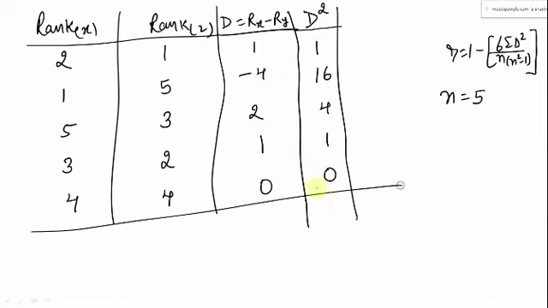Okay. Now take the summation d square, 22. Am I right? Yes. So summation d square is equal to 22.